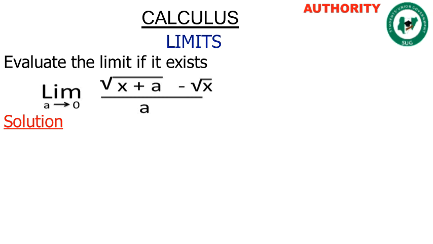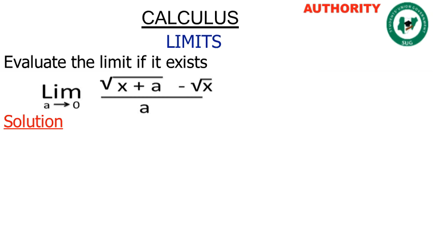We are going to multiply this function by the conjugate over the conjugate. That is the conjugate of the numerator. Do you get what I'm saying?